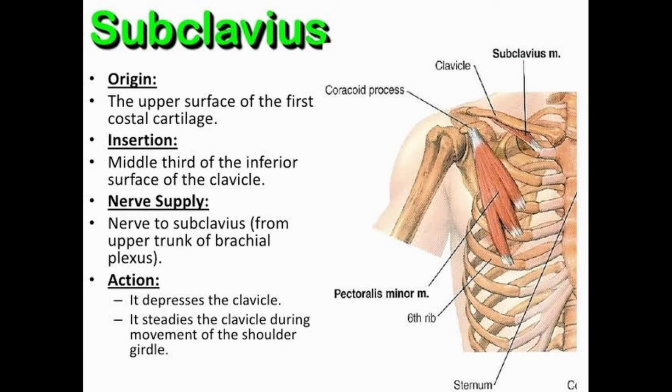As you can see on the diagram, the subclavius muscle is showing, originating from the first costal cartilage and inserted into the clavicle at the inferior surface, and it is supplied by the nerve to the subclavius. Action of it is to depress the clavicle and it steadies the clavicle during the movement of the shoulder girdle. So this is the subclavius muscle. Normally the pectoralis major muscle is asked in examination, it is a very important muscle for examination purposes.